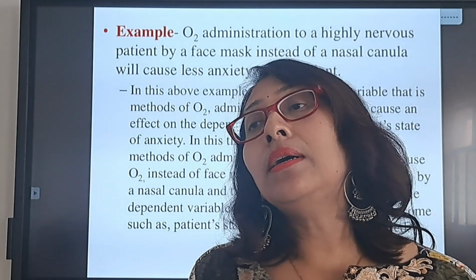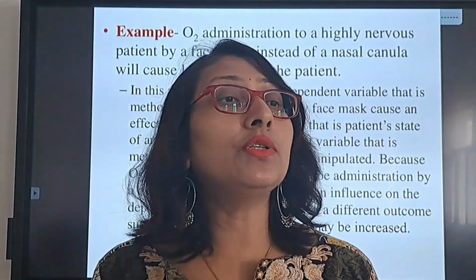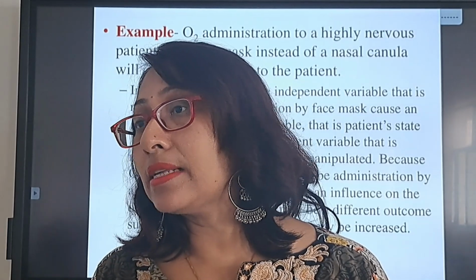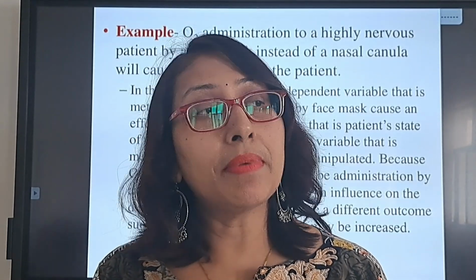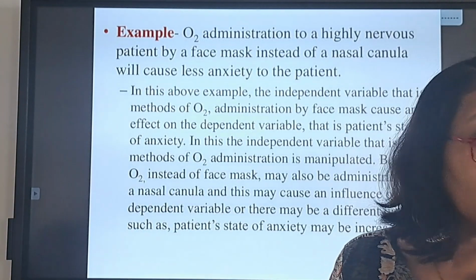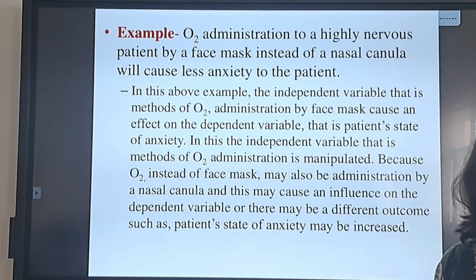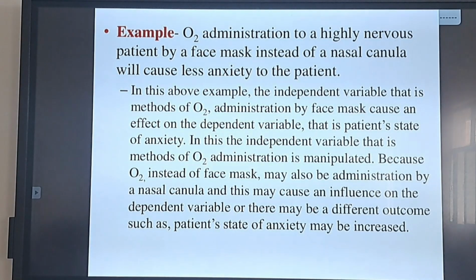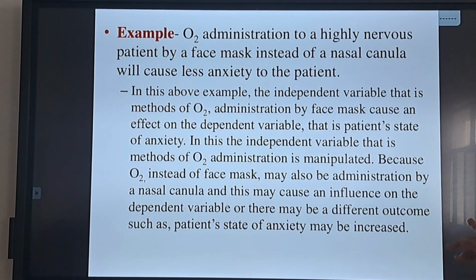Whereas, when the oxygen is given through the nasal cannula, the dependent variable, that is anxiety level of the patient, is comparatively higher in the control group than in the experimental group. That is what you can see here. Manipulation of the independent variable will have an impact on the dependent variable.